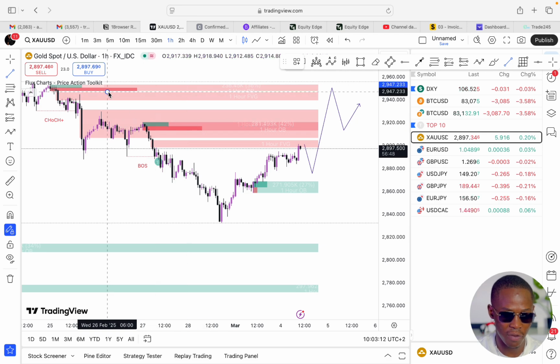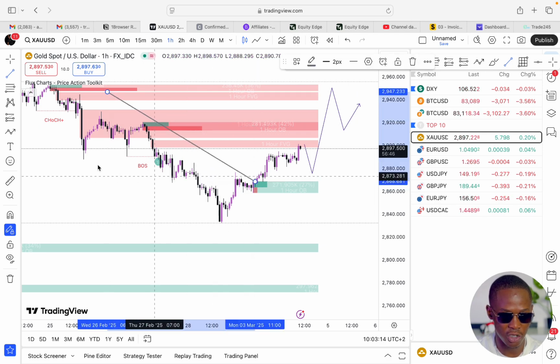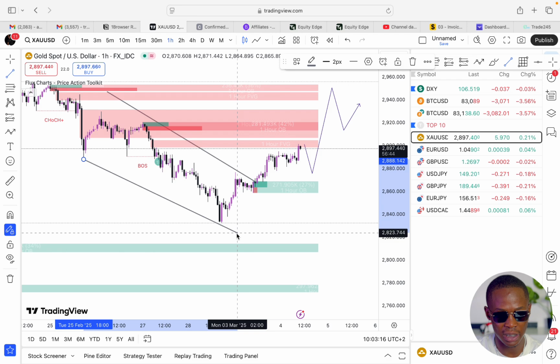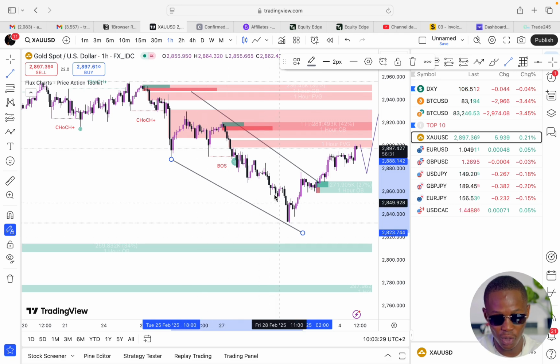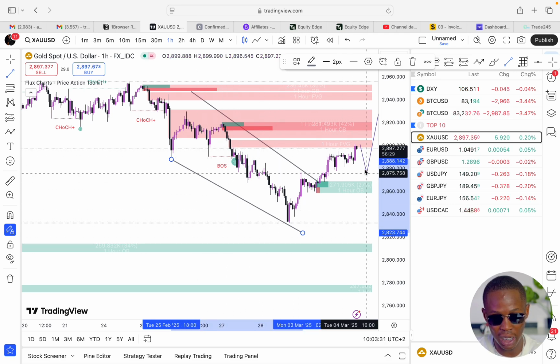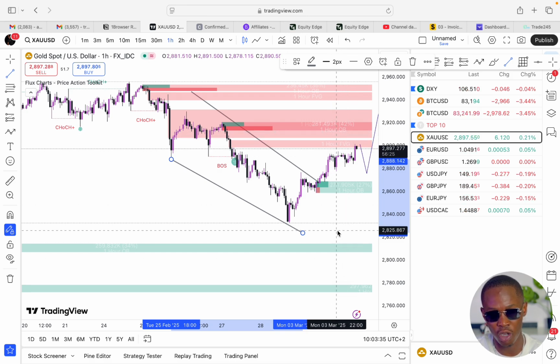If I'm following everything manually, this is a trend. But the Flux Charts price action toolkit makes it easier for you to understand that the price is moving. It identifies it for you automatically. So that is the reason that from this break of structure, we might be experiencing a turn somewhere right about here before the market actually starts dropping.